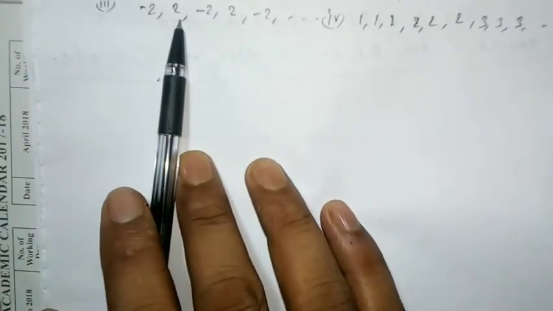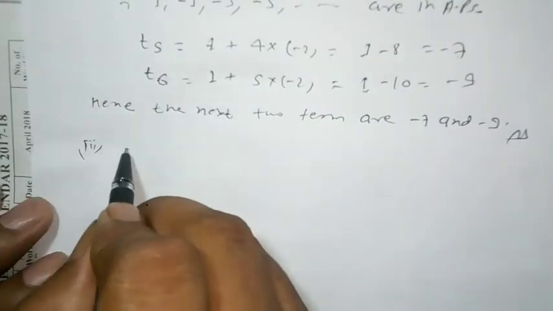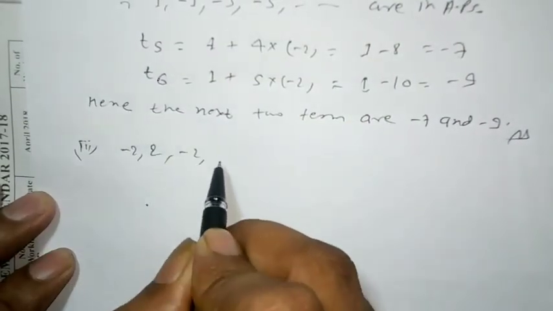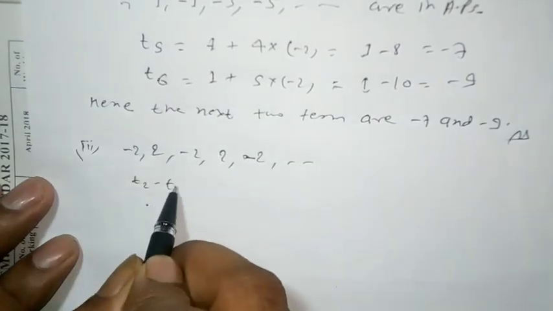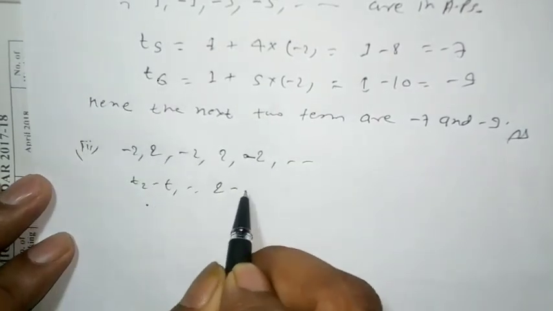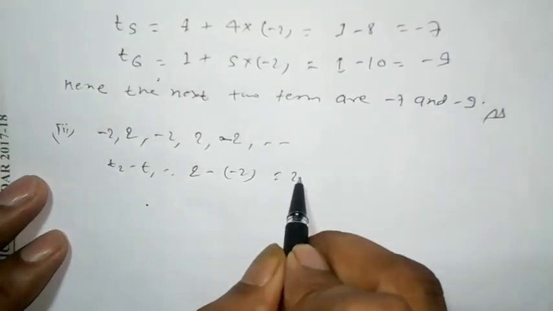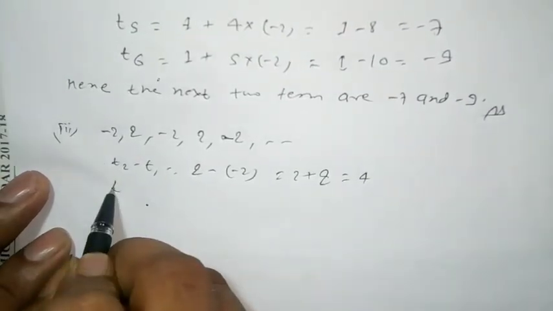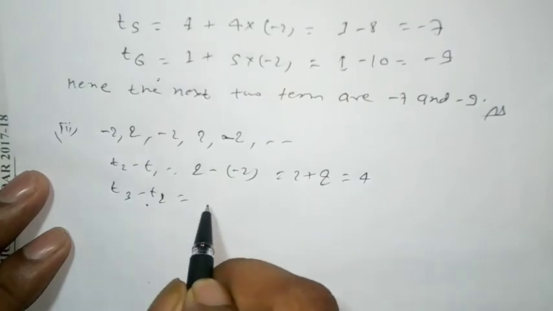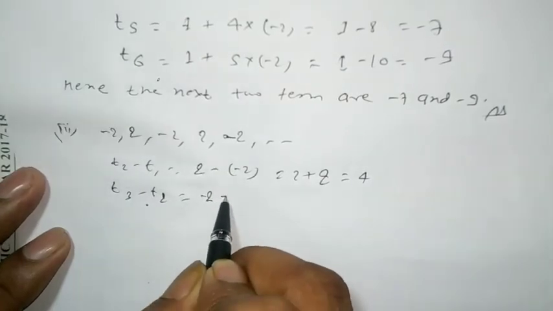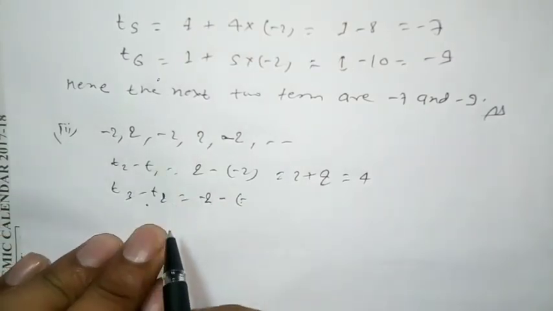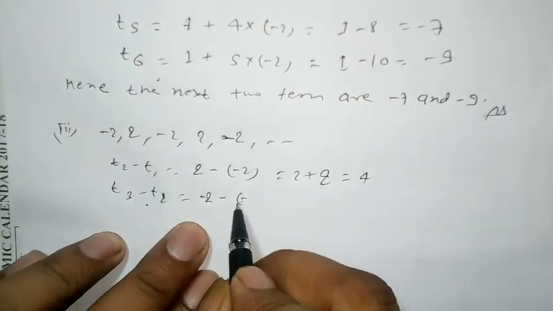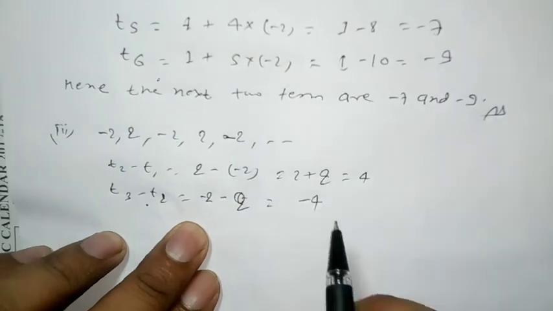minus 2 2 minus 2 2 minus 2 dot dot dot. Now T2 minus T1 is equal to 2 minus minus 2, 2 plus 2 is equal to 4. T3 minus T2 is equal to minus 2 minus 2 is equal to minus 4.